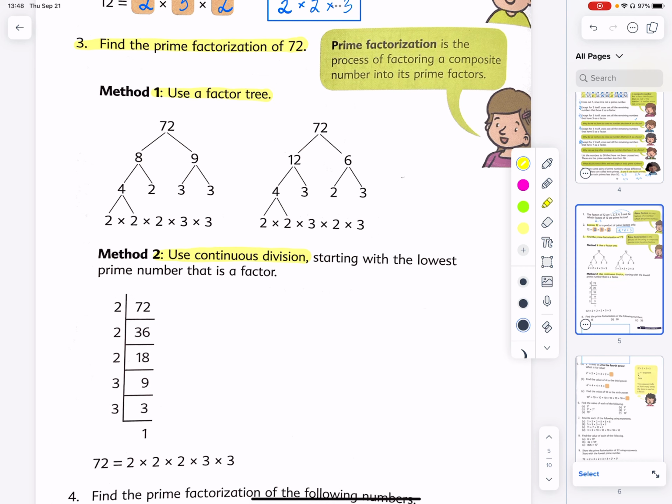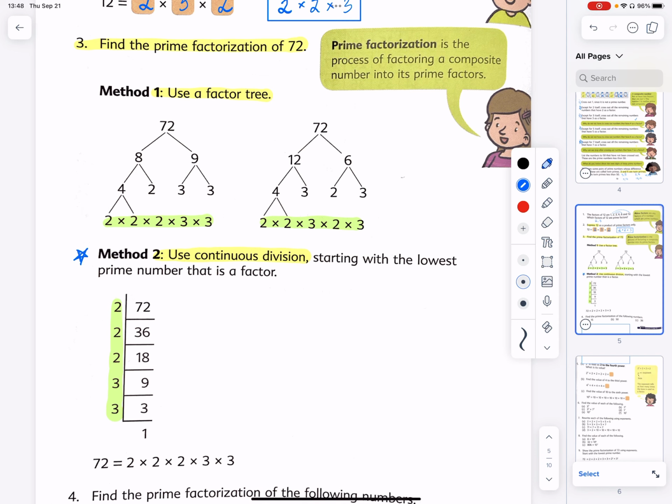Now, I will show you in action what this looks like. You need to understand one thing: no matter which method you use, you will end up with the same list of prime factors. Let me go over the algorithm. By the way, my favorite method is method 2, continuous division. Why?